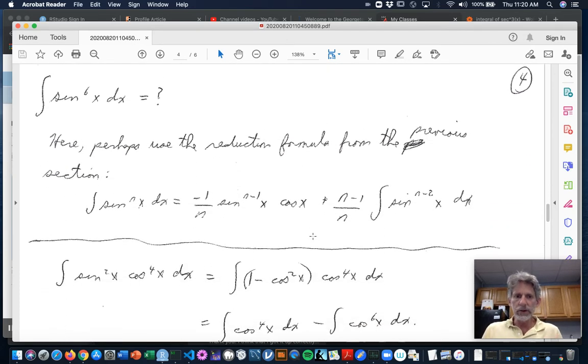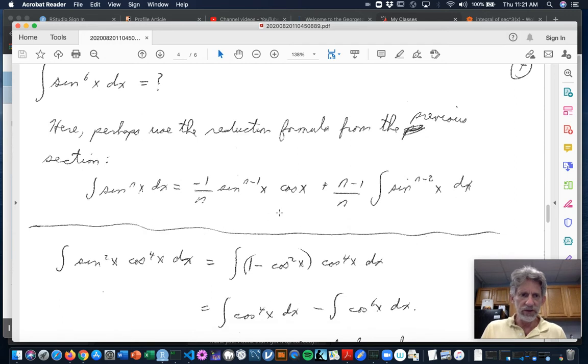So like you could try to treat sine to the 6 of x the same way. You could try to treat it as sine squared cubed. And then you have to cube out a bunch of stuff. That can get a little bit gnarly. So one alternative that the book suggests is, hey, in the integration by parts section, we actually found a reduction formula for sine to the n of x, and it works whether n is an even or an odd power.